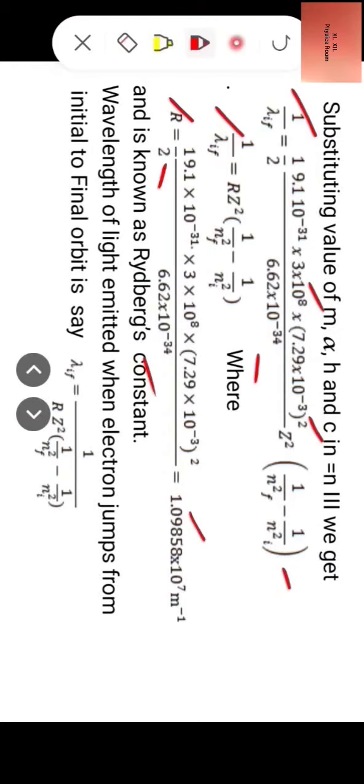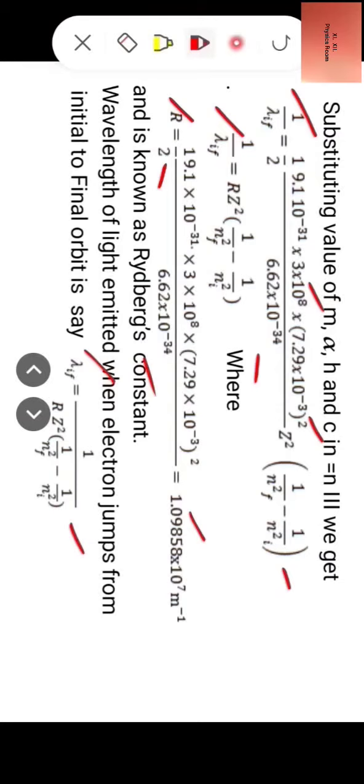The wavelength of light emitted when electron jumps from initial to final orbit is, say, lambda IF is equal to 1 by R Z square into 1 by nf square minus 1 by ni square.